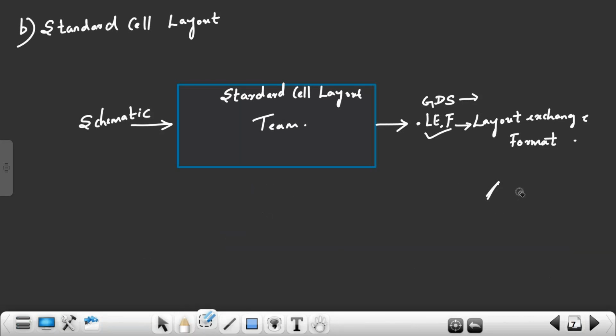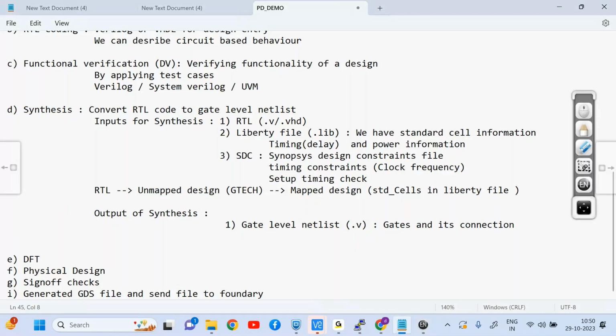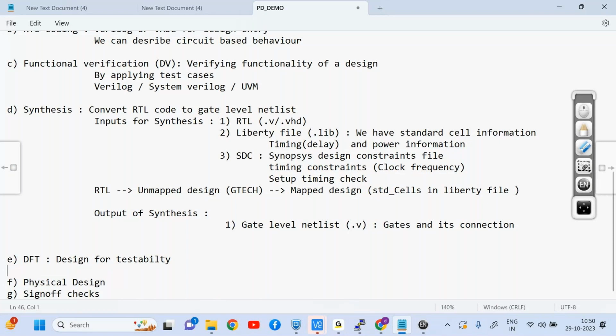After doing all these checks, we will forward this to DFT. DFT means design for testability. Output of the DFT team is also a netlist, the same netlist.